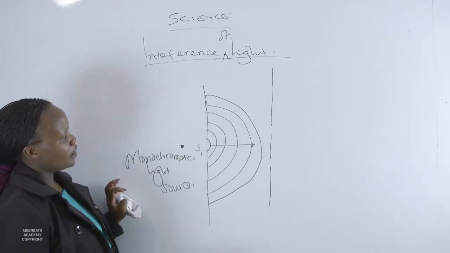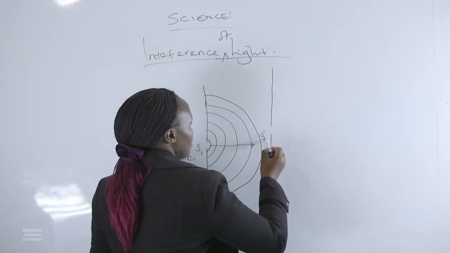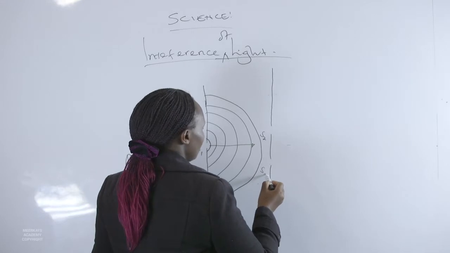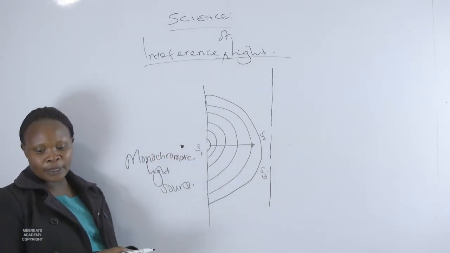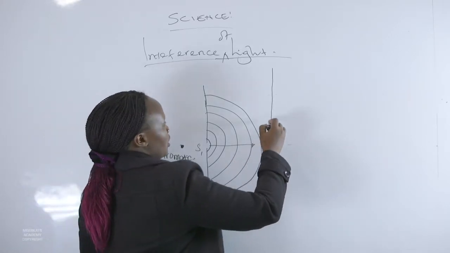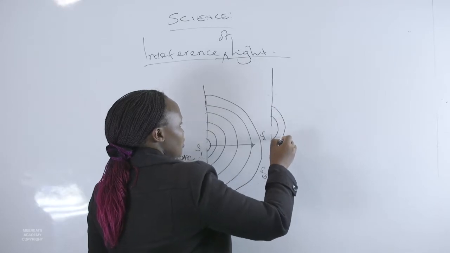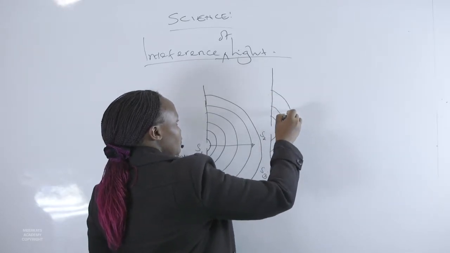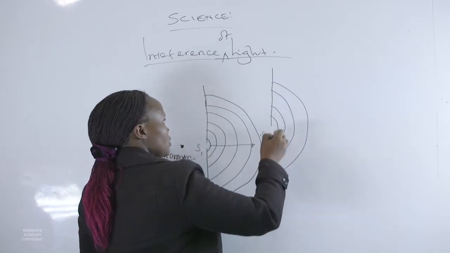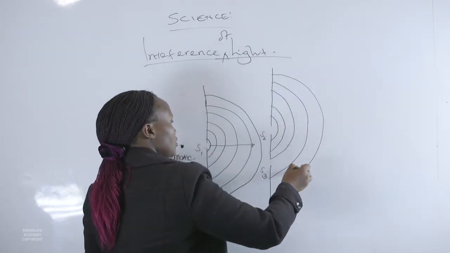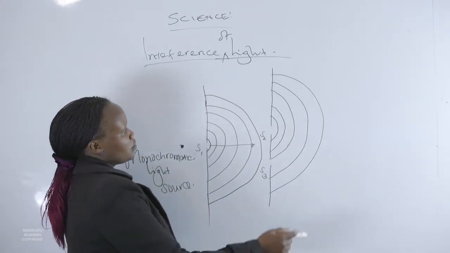Now, again, we come to a pair of slits which we are going to call S2 and S3, and here we expect light to be further diffracted so that we have circular wavefronts from S2.